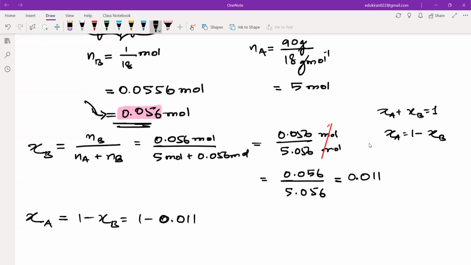Okay, so 1 minus chi B, which is equal to 1 minus 0.011. So if you subtract this, this will be equal to 0.989. Please write this down. Let me know when you're done.